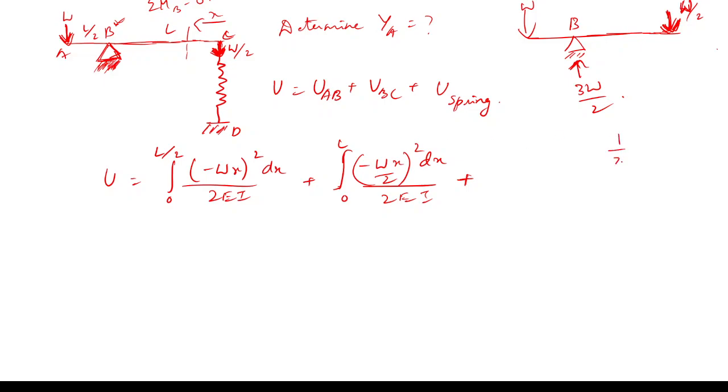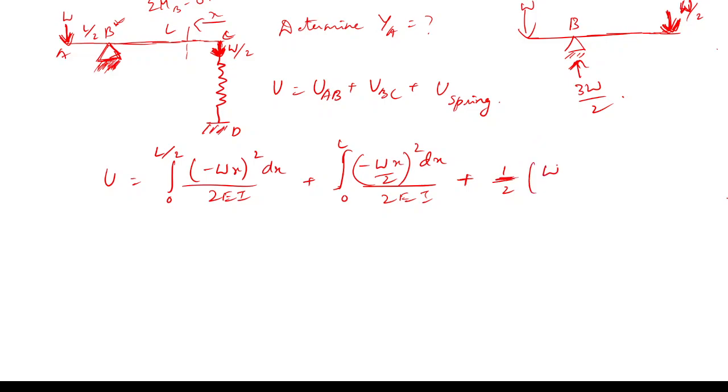The strain energy of the spring is half k x square. I can rewrite this as half k x into x, which equals half into force into the deflection. So here also I am writing this as half into, here R is nothing but W by 2, right?